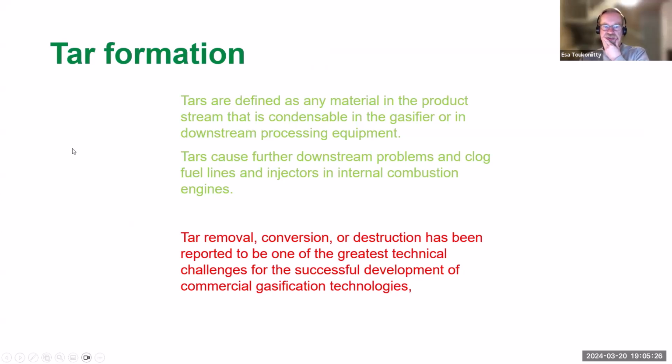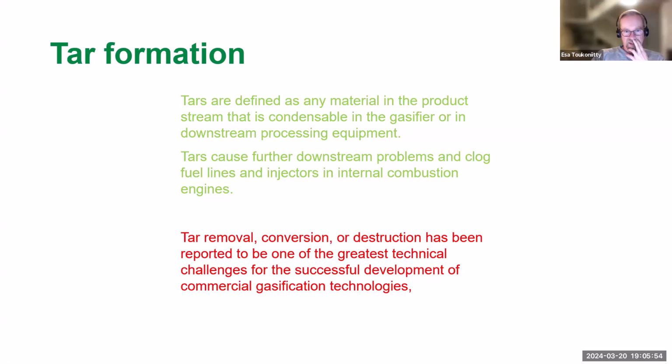Tar formation has been mentioned in the textbook as a kind of problem in connection to biomass, especially. So tars are this kind of sticky organic material, and it causes problems in the reactor equipment itself.